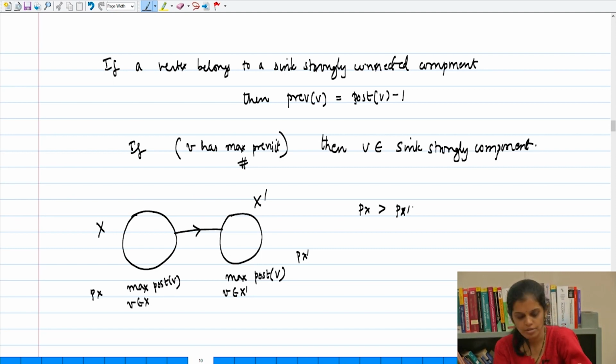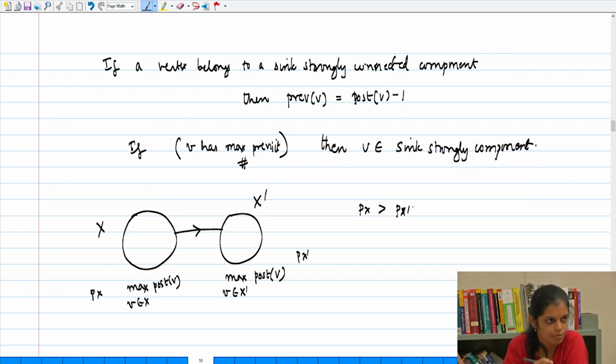Px is a number which is obtained by the post visit number of some vertex inside this component, and Px prime is the post visit number of some vertex inside this component, right? And they are valid post visit numbers, therefore they lie between 1 and 2n, right? Okay, again the statement is of the flip type that we have, but we will make use of this statement to get the correct kind of statement that we want.